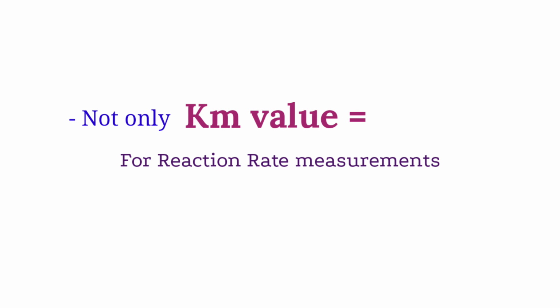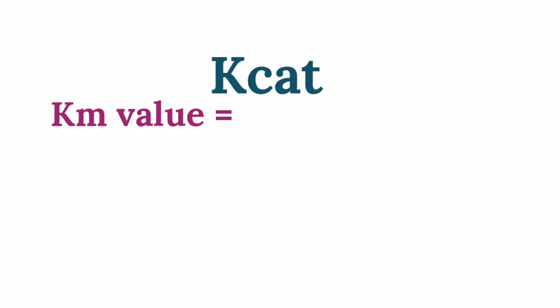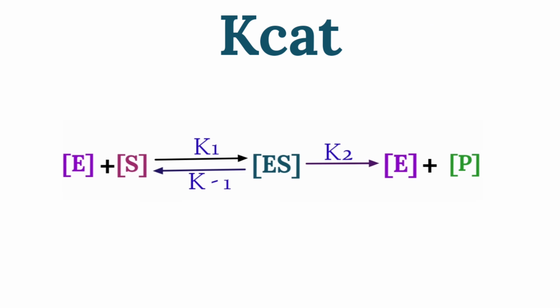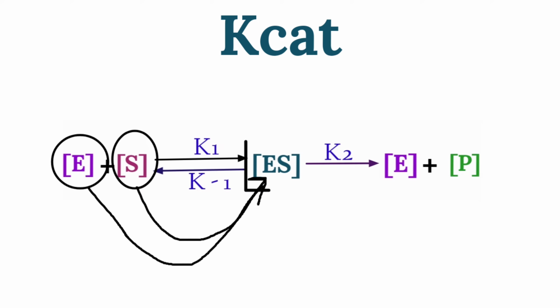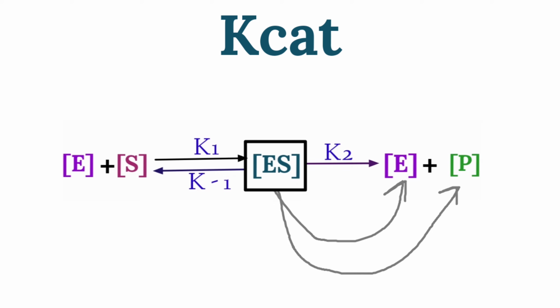Here we have another term which is used for rate of reaction measurement, which is known as Kcat. So what is Kcat? Kcat is the rate determining step in the product formation process. Enzyme in association with substrate results in the formation of the enzyme substrate complex, and this complex breaks down into enzyme plus product.